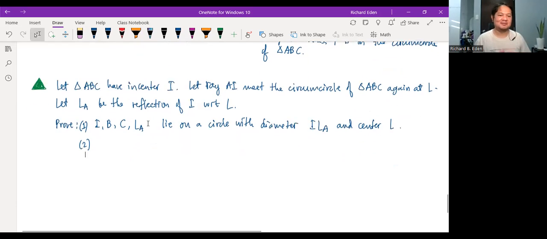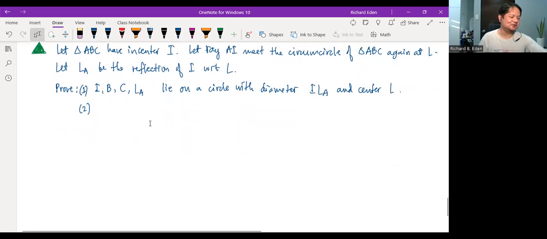Okay, mamaya na. I-drawing muna natin ng configuration. Okay.